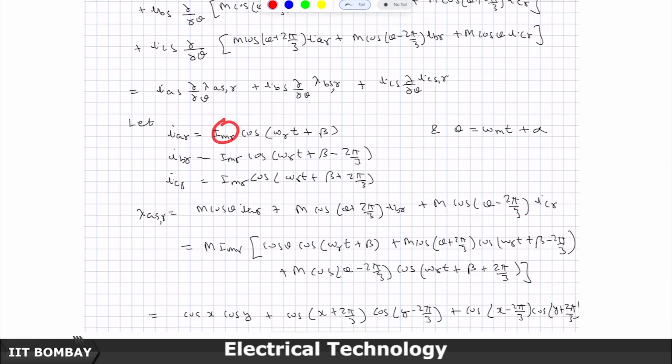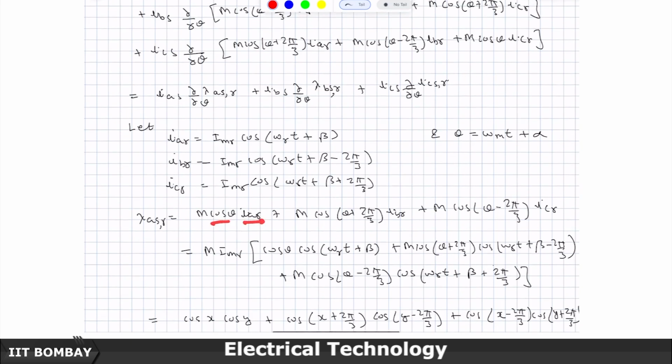So, IMR, the M indicates magnitude and R indicates the rotor, this is taken care of. Then comes cos theta, and only this cosine term I need to write here. So, it becomes cos of theta into cos of omega r t plus beta. Then comes cos of theta plus 2 pi by 3. I am sorry, I missed this, these two M's should not have been here.